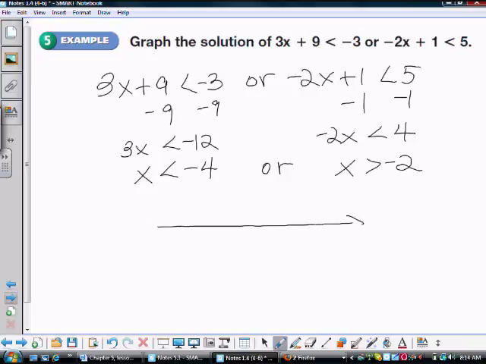Now I'm going to graph it. I'll graph that negative 4 first. x has to be less than negative 4, so I'll put an open dot at negative 4 and shade the less than side. x has to be greater than negative 2, so I'll put an open dot at negative 2 and shade the greater than side.